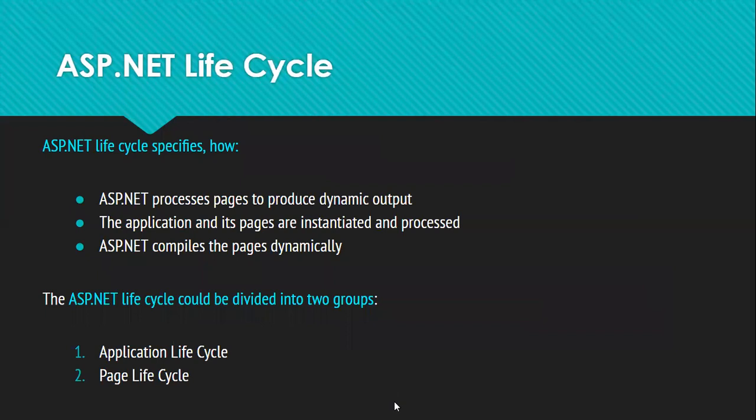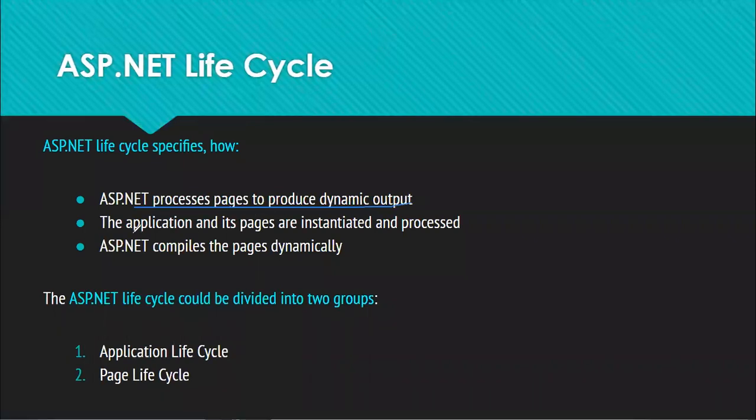ASP.NET lifecycle specifies, first, how ASP.NET processes pages to produce dynamic output. Second, the application and its pages are instantiated and processed. And then last, ASP.NET compiles the pages dynamically.